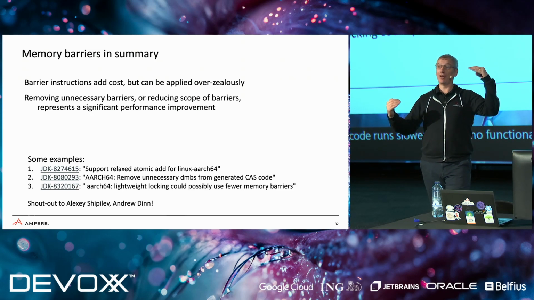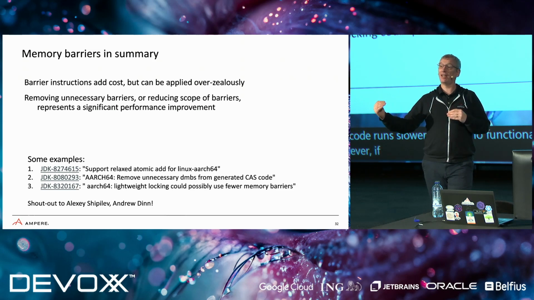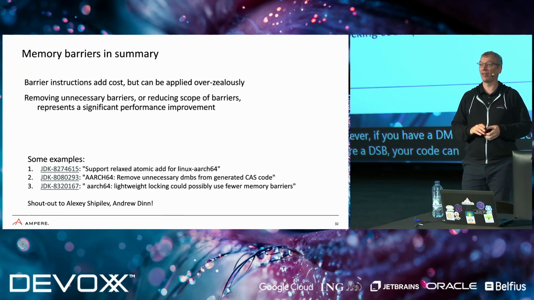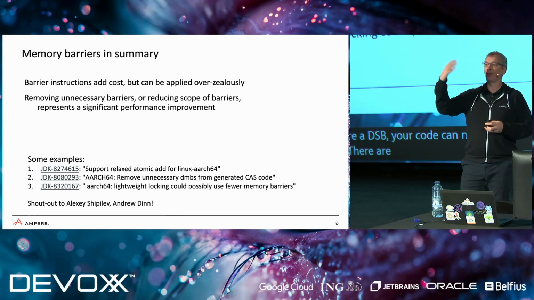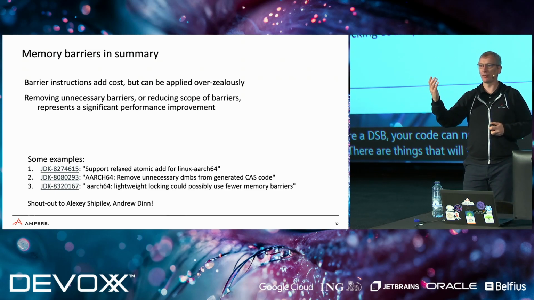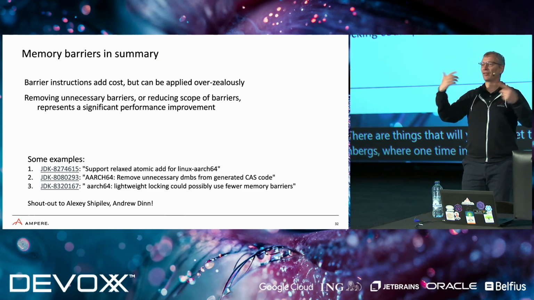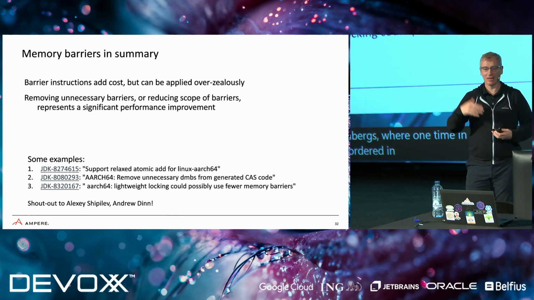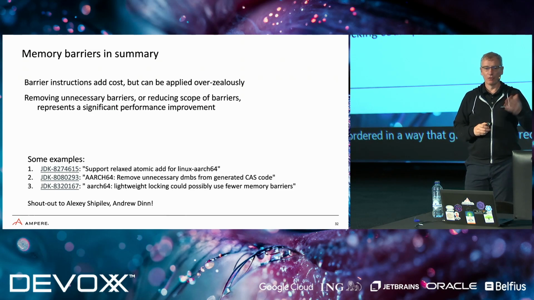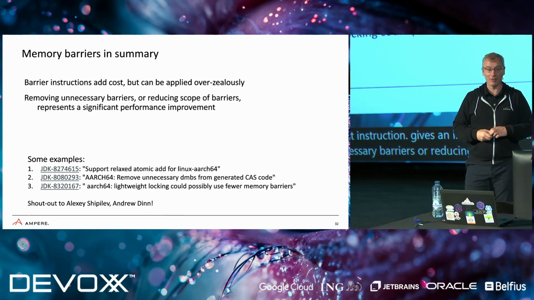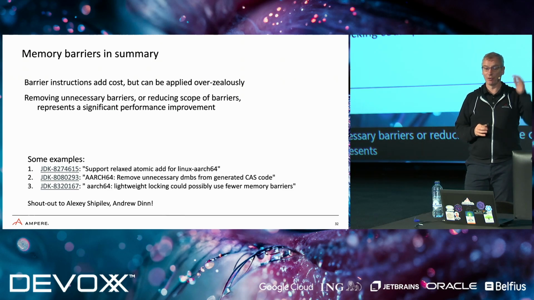However, if you have a DMB in a place where you require a DSB, your code can not function correctly, right? You will get these sporadic Frankenbugs where one time in 100 instructions get ordered in a way that gives an incorrect result. So removing unnecessary barriers or reducing the scope of the barriers represents a significant performance improvement.